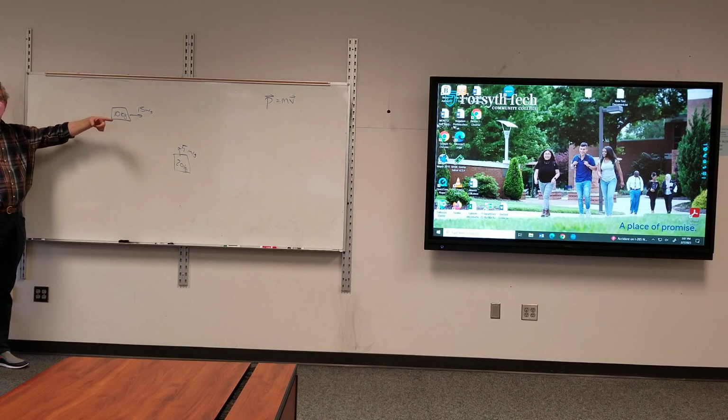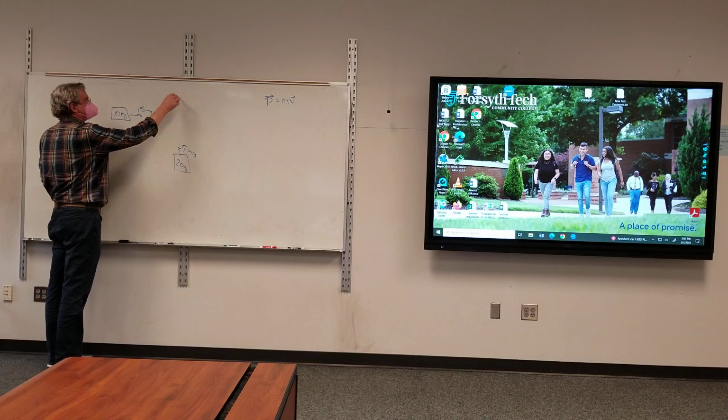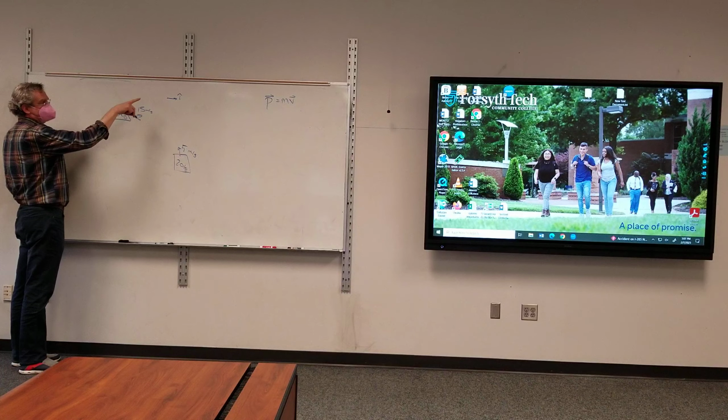Some might say to the right. But of course, we physicists, we don't want to write "to the right." So how do we get away with not having to write all those words? So we just say that's the i hat direction. So the velocity here is 15 meters per second i hat.